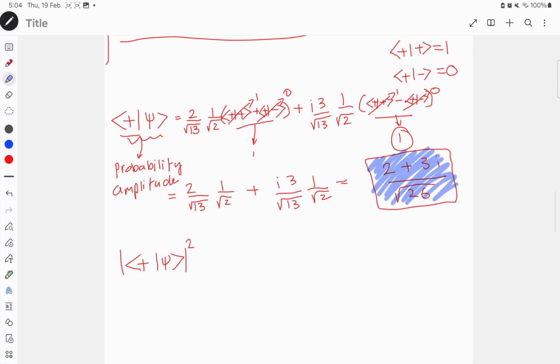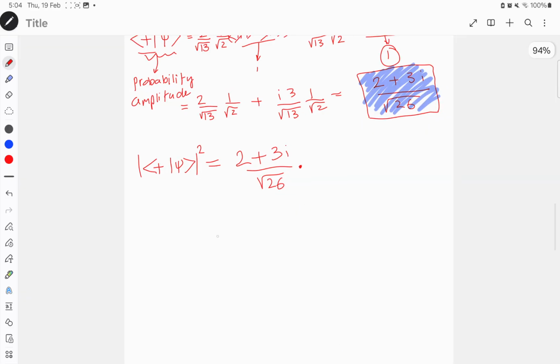So we want to square it. 2 plus 3i over root 26. The squaring will be multiplying by the conjugate. So first I make you remember the conjugate. 2 plus 3i, its conjugate is 2 minus 3i. This is equal to 2 plus 3i squared.